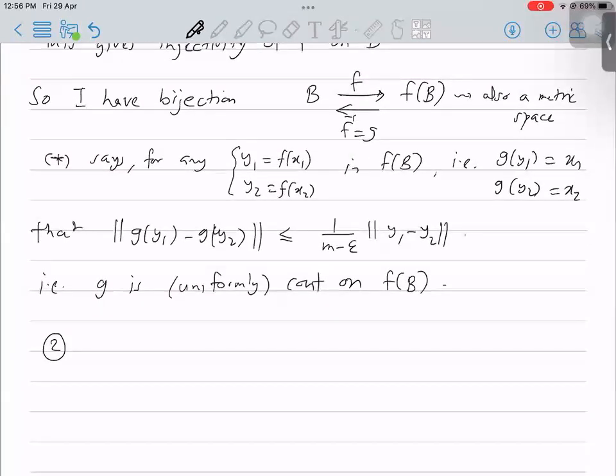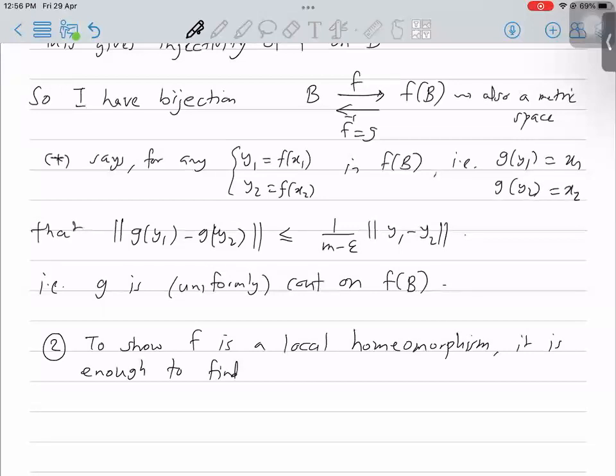Step 2: to show that f is a local homeomorphism, it is enough to find an open ball W around a with W contained in f of B.